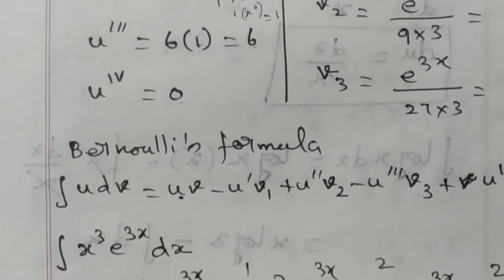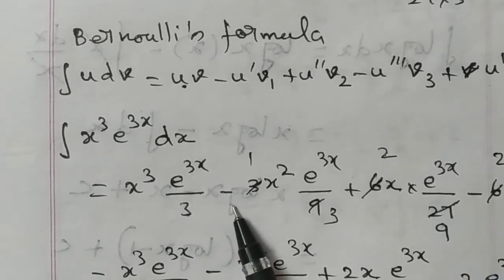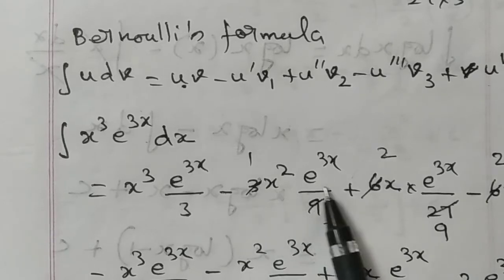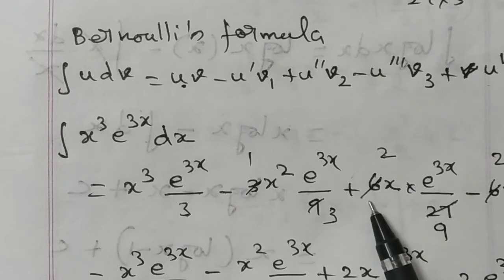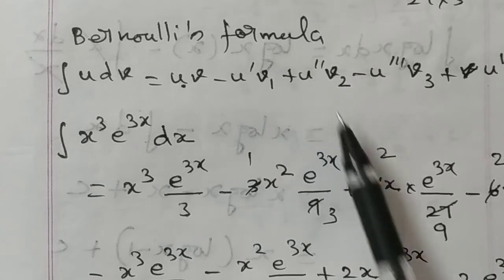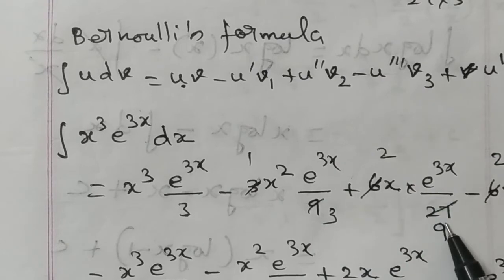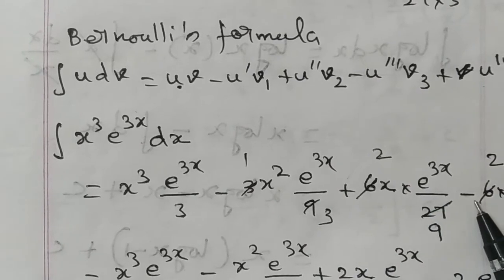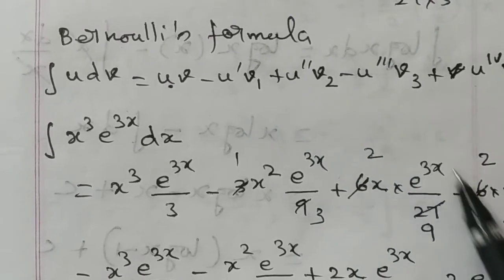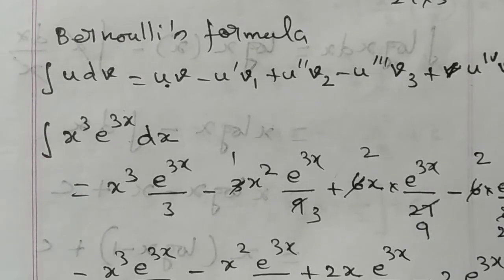So x cube into e power 3x by 3, minus u dash value is 3x square and v1 value is e power 3x by 9, plus u double dash value is 6x and v2 value is e power 3x by 27, minus u triple dash value is 6 and v3 value is e power 3x divided by 81.